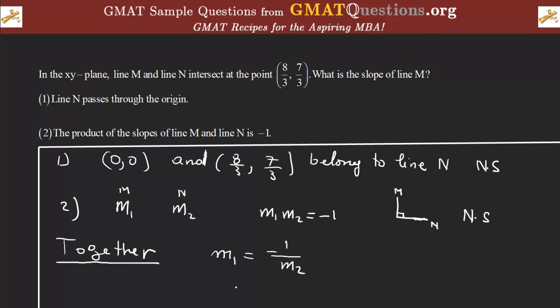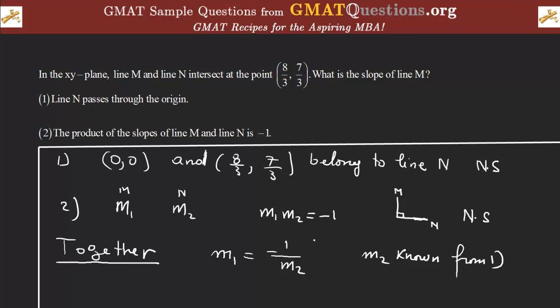Realize that M2 can be found from number 1, because we have 2 points. So M2 is known from number 1. And obviously, if you know M2, you can easily find M1.